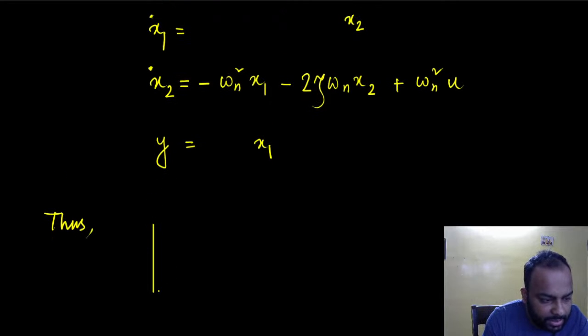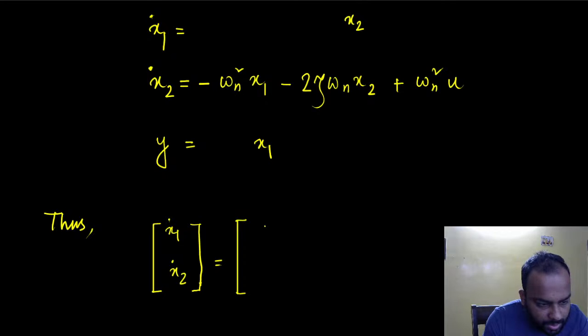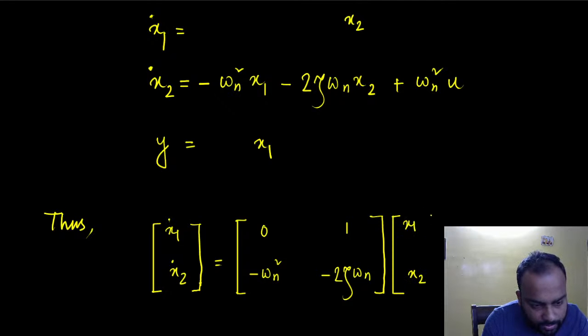We have a matrix representing the derivative of the state vector, x1 dot and x2 dot, and that equals [0, 1; minus omega n square, minus 2 zeta omega n] times [x1; x2], plus, I know my head is blocking it, [0; omega n square] u.